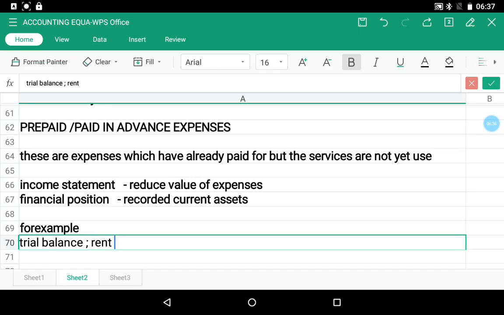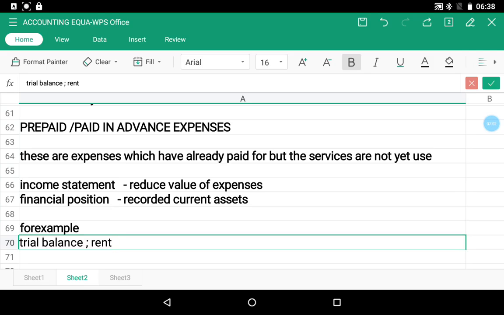These things they always bring them in the trial balance. It can be in trial balance, it can be in word problem, in word format, but most of the time they bring them in trial balance. So you come into your trial balance and look for rent.